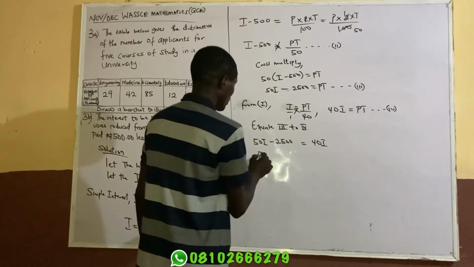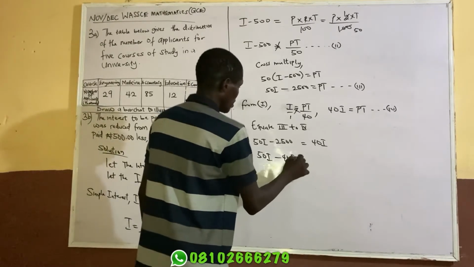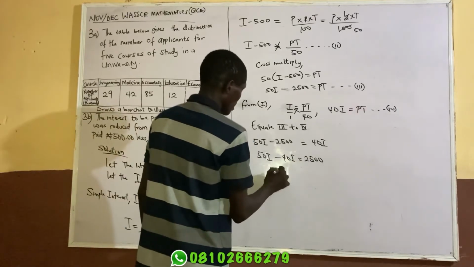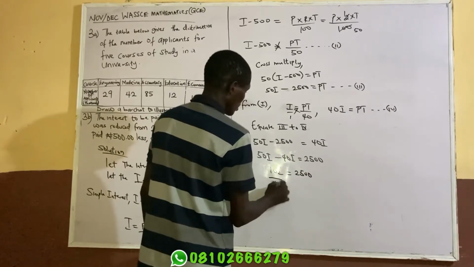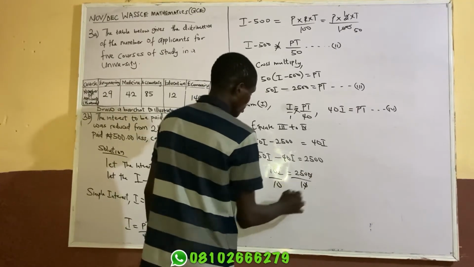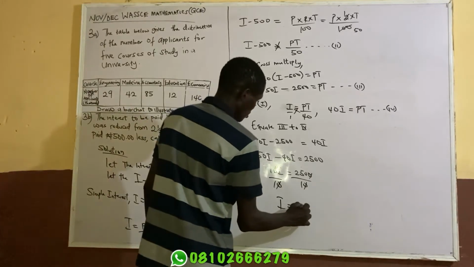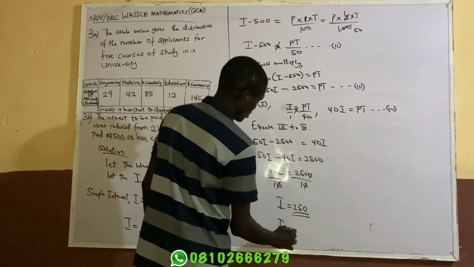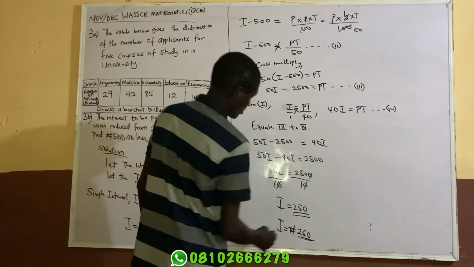So we have 50I minus 40I equal to 2500. So you have 10I equal to 2500. If we divide by 10, this cancels, and I is equal to 250. So this is what? I is 250 naira, because it is in naira. So that's that about that.